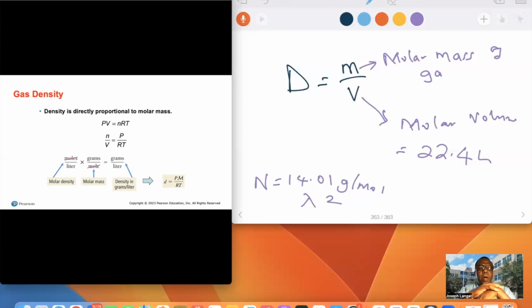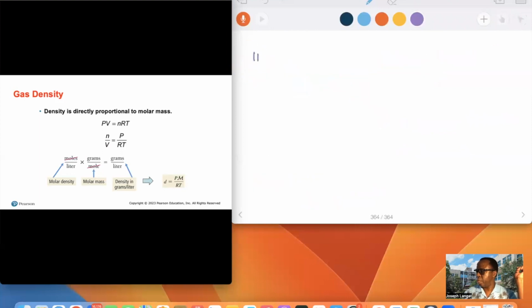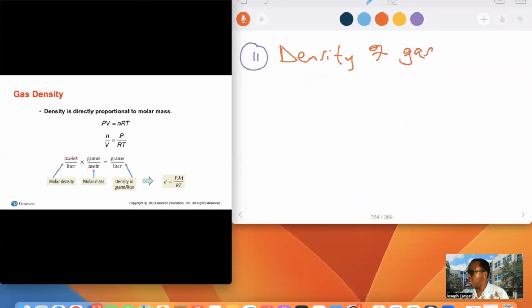We can now use the ideal gas equation. I would say this is one method of determining the density of a gas, and the second method is the density of a gas using the ideal gas law.